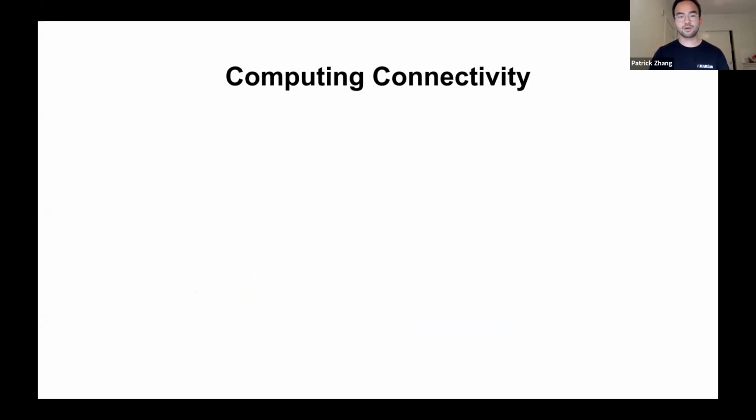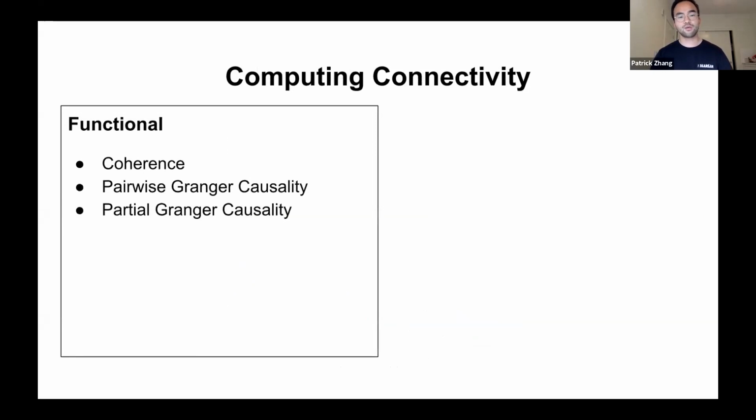Next, we computed a few connectivity metrics from our model. For functional connectivity, we looked at coherence, which is a pretty common metric in neuroscience. Pairwise Granger causality, because that introduces a metric with directionality, so A's connection to B might not equal B's connection to A. And then partial Granger causality, because that introduces conditionality as well.